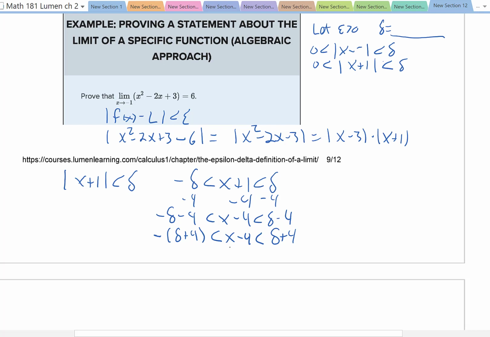And now we're at the case that we have, that should be an x minus 3, which was our goal, by the way. Okay, so we have the absolute value of x minus 3 is less than delta plus 4.